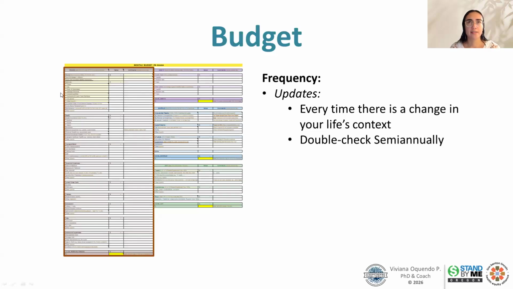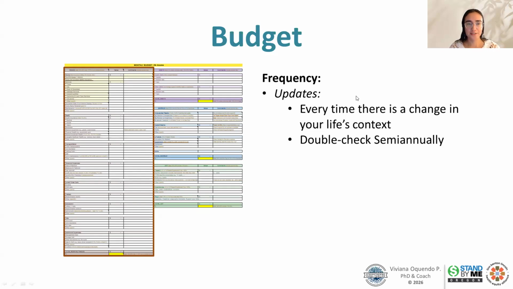For instance, if some people are entering a new gym and they don't put that in the budget, then the budget would be outdated. But that was a change in the life context. And so if the person remembered this, the person would have come to update the budget. But if the person didn't remember, then the semi-annual check would help to make sure that the budget actually reflects their life, right?